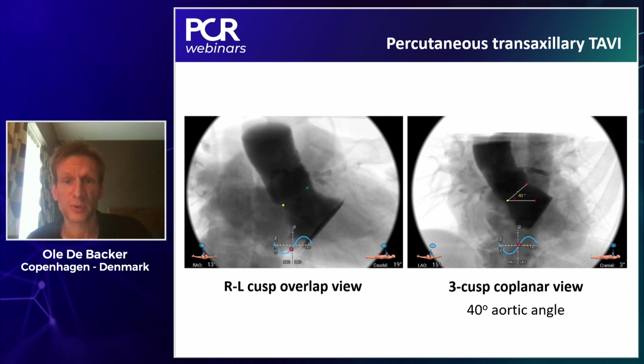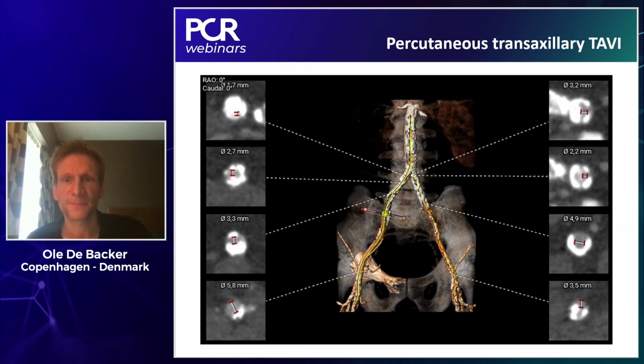So it's really important to look at this pre-procedurally. And here you see the reason why we turned this case down for transfemoral. You see on the right-hand side there is virtually no access, or it's a subocclusion. On the left-hand side it's severely calcified with only 3.2 millimeter or 2.2 millimeter, even with a chunk of calcification. So this is not a case you can do transfemorally.